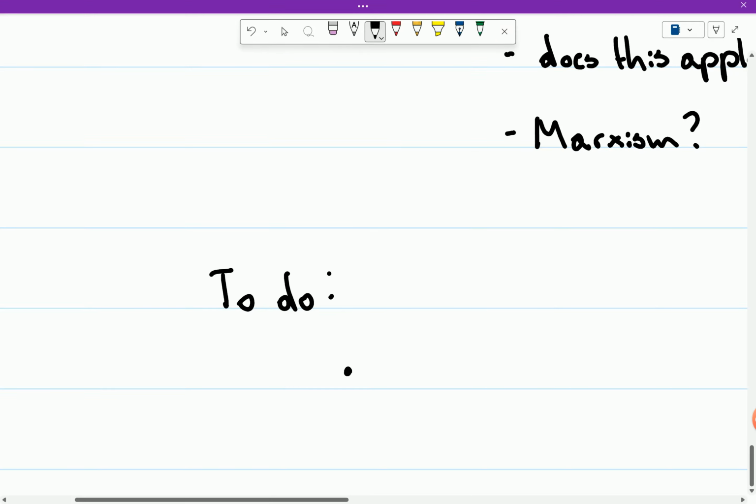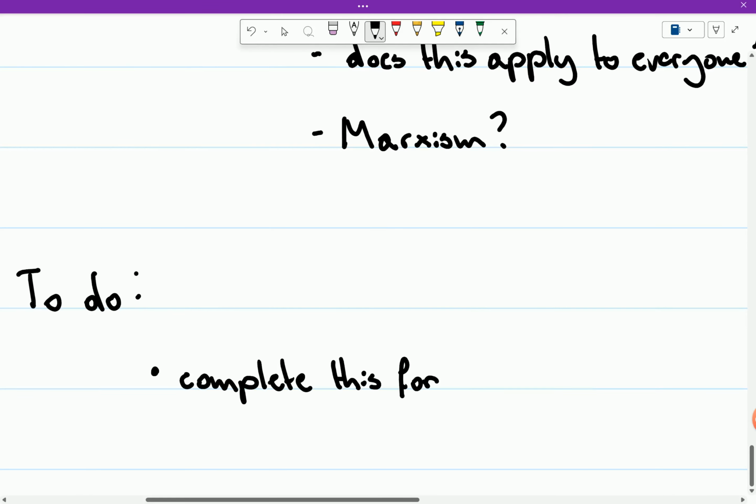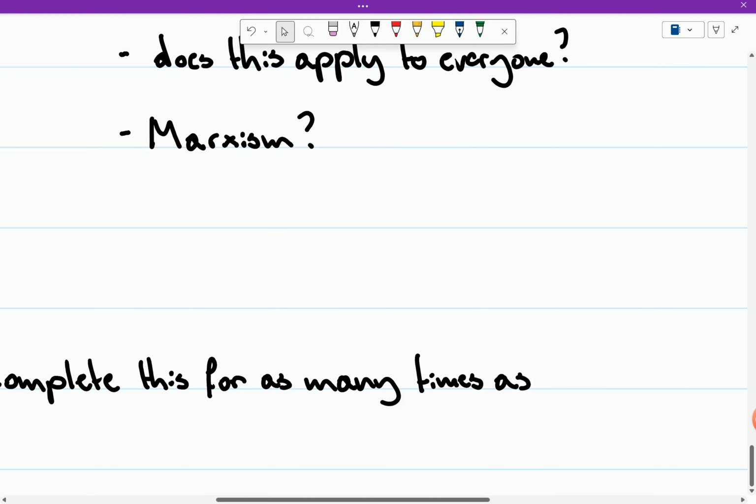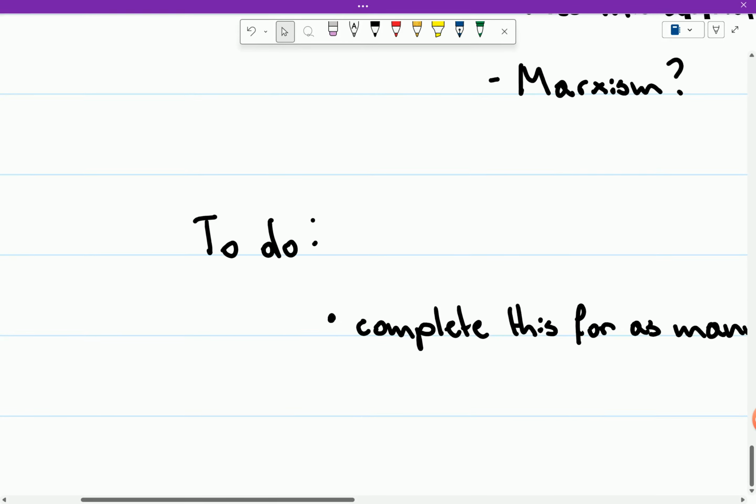So complete this for as many times as it takes, until you're confident with the process.